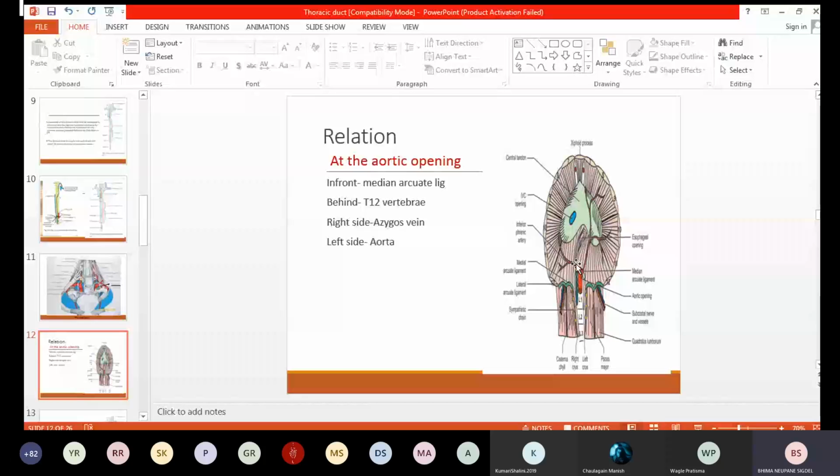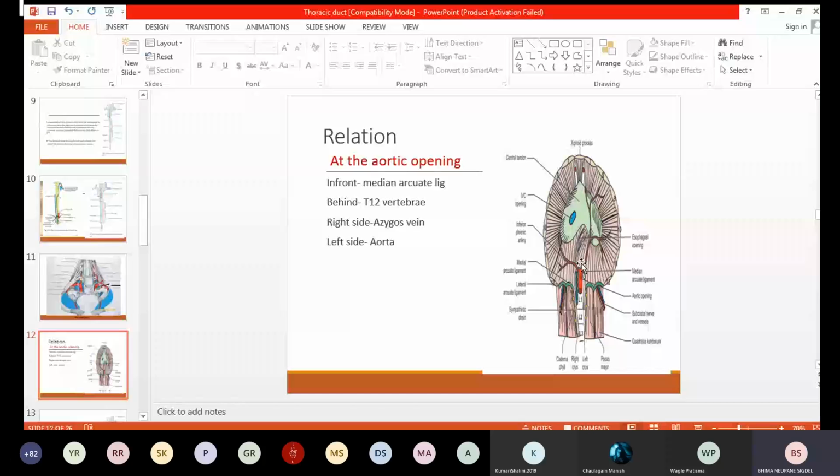Okay, at the aortic opening, you can see this arc type, this red color is the aorta. Below was the abdominal aorta. Now after entering the thorax, that will be the thoracic duct. So now at the level of the aortic opening of the diaphragm, the relation in front is anterior to the thoracic duct.